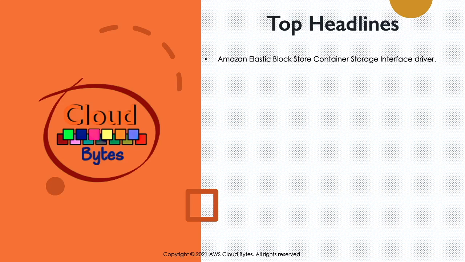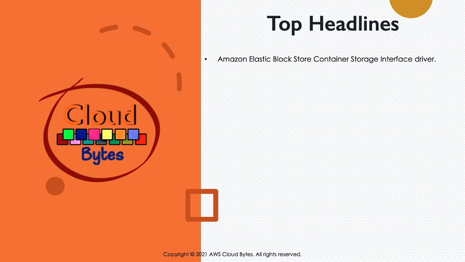Amazon Elastic Block Store Container Storage Interface Driver. The Amazon Elastic Block Store EBS Container Storage Interface Driver is now generally available. The EBS CSI driver makes it simple to configure and use block storage for applications running in both EKS and self-managed Kubernetes clusters running on AWS using standard Kubernetes interfaces.